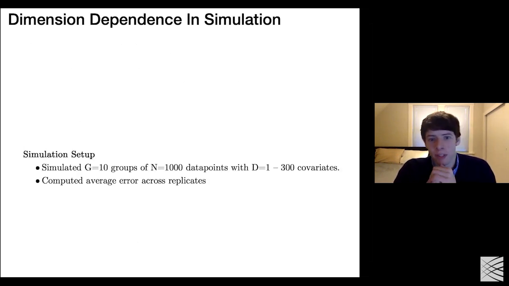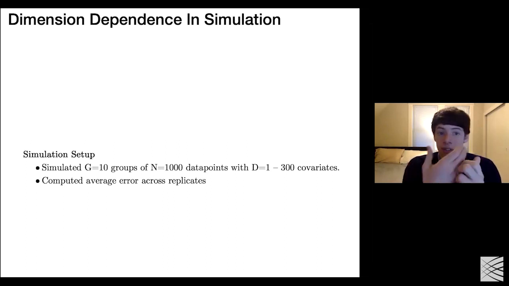Okay, so the last piece that I'll share are some results in simulation, and then on real data sets as well. For the simulation setup, we're going to look at data sets consisting of 10 groups of data, each with 1,000 data points across different dimensionalities, from having only a single covariate up to about 300 covariates.